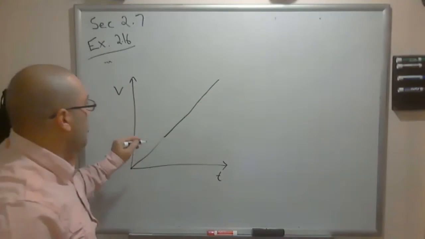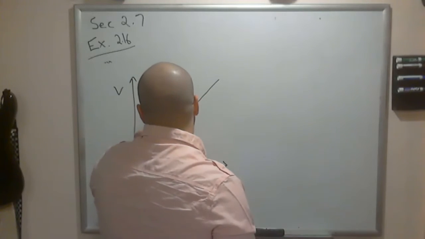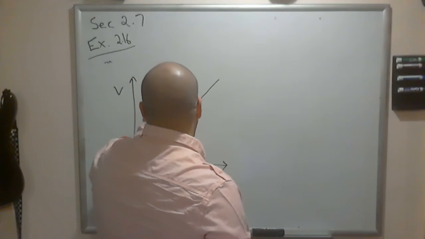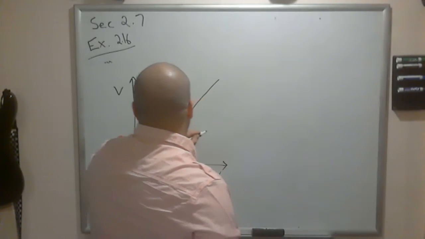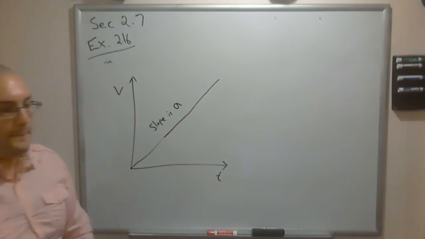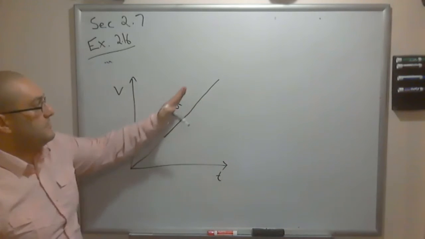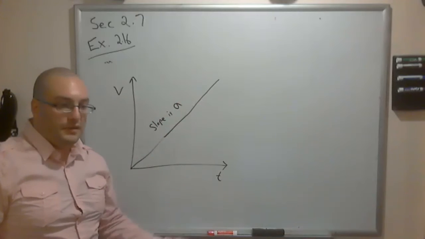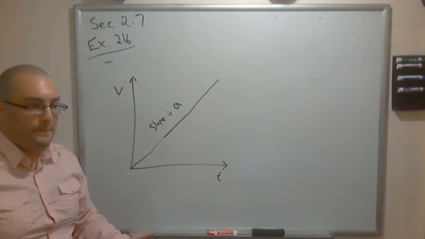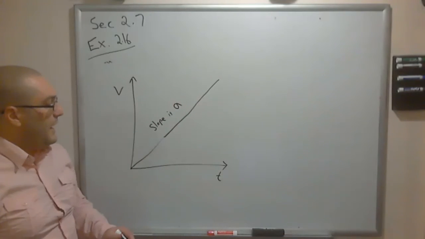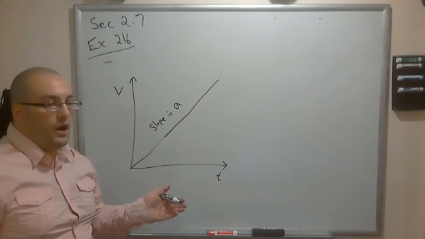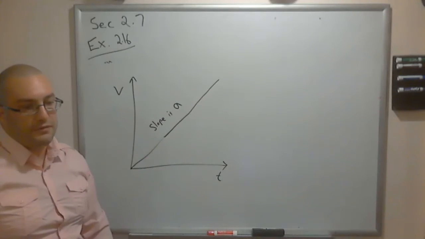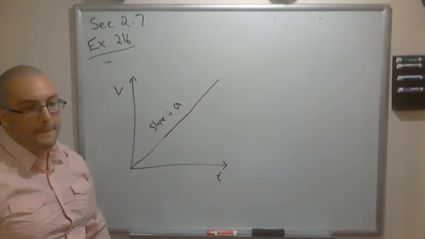We know that the slope is the acceleration, a. In this graph, how fast does this graph increase as we move along in t? That's acceleration, right? We know that. But how can we represent position in this velocity graph? Anybody?